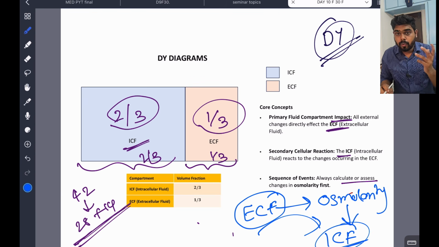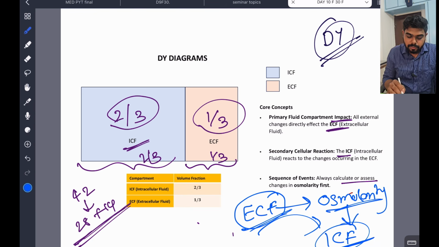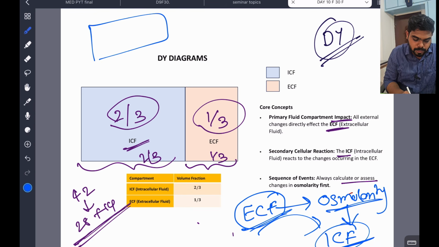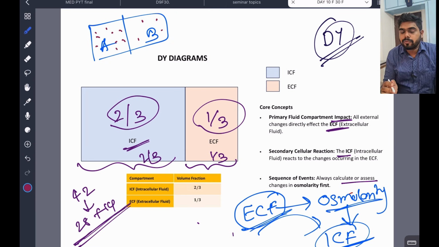Now we will go and solve. First the ECF changes, then we have to see the osmolarity and the ICF. You should know one more thing before this. We have two compartments, compartment A and compartment B. In one compartment there is more solute, in the other less solute, which is the principle of osmosis.